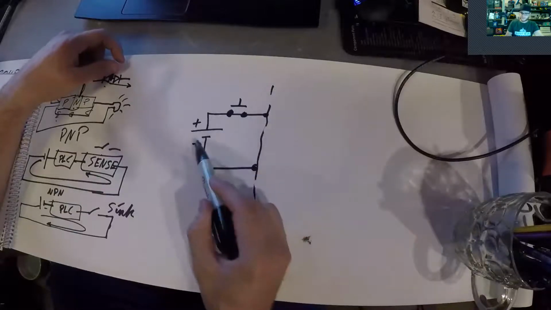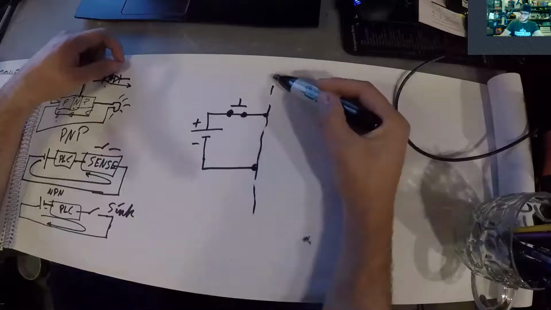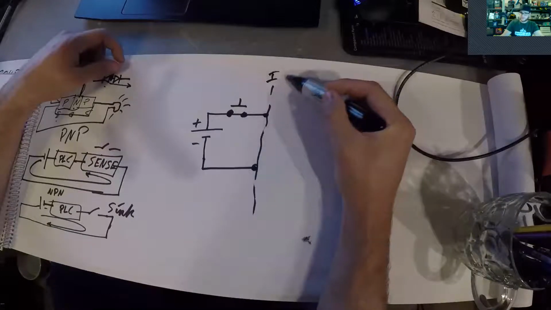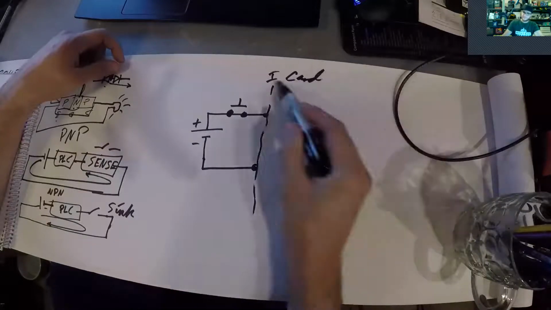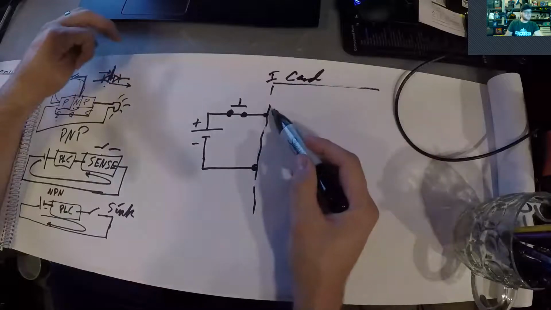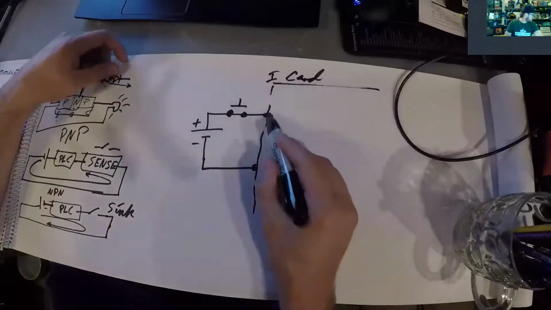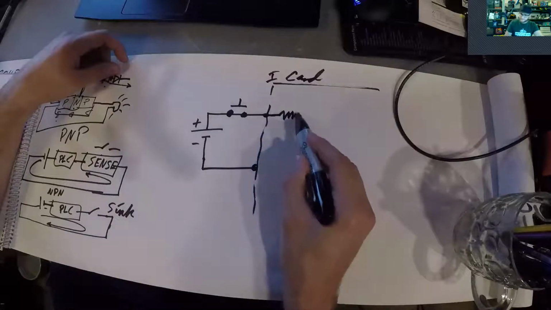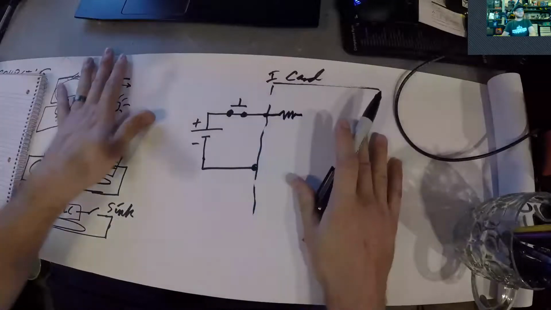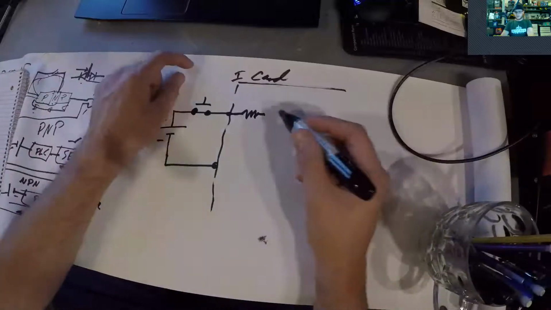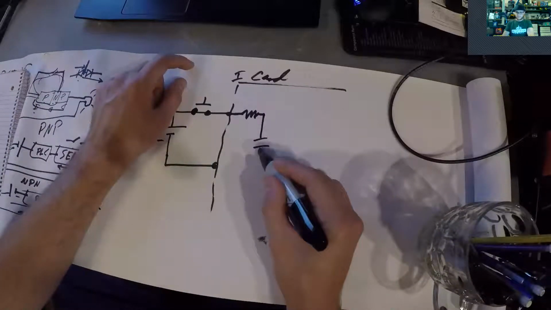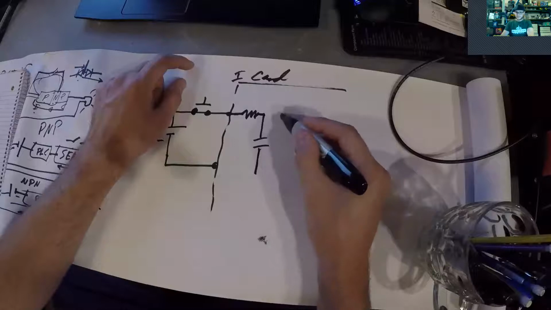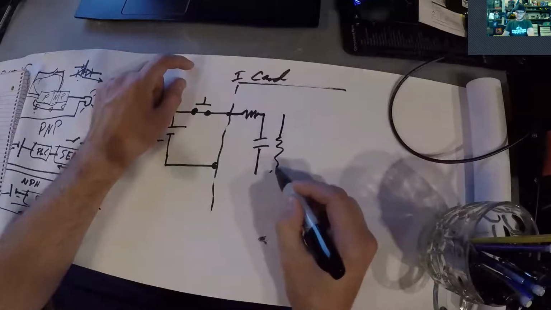And you have your power source and it's wired to your input card. And so inside this card, you have a physical wire to a resistor. And then actually in between there, you have a capacitor and another resistor.